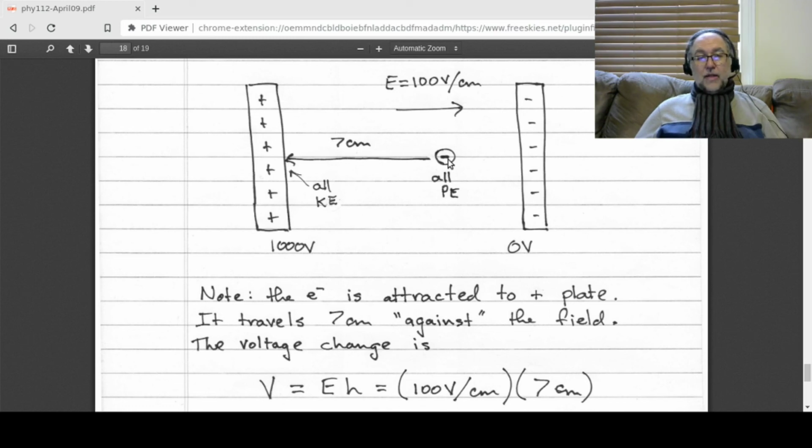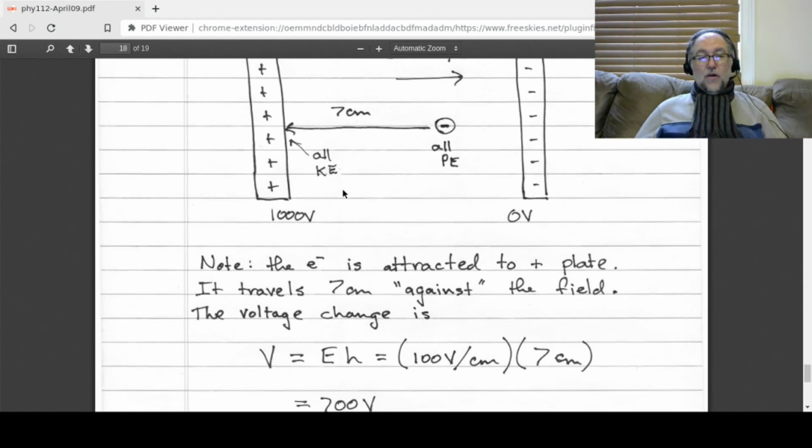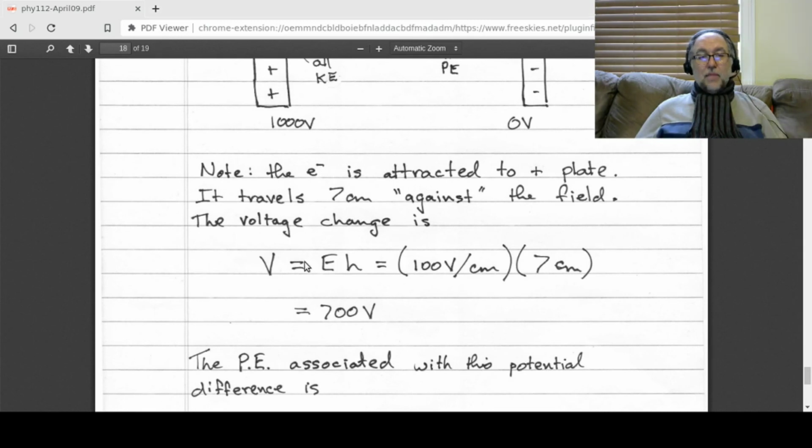Okay, so you've got the electron there, and it's going to go to the positive plate. What's the potential difference? Well, from above, the potential difference, V, is equal to EH. Okay, so you've got the electric field times the distance. Now, we don't want to go all the way across because the electron isn't traveling the full distance. The electron is only going to travel 7 centimeters. And so the electric field, we just found that it's 100 volts for every centimeter, and it's going to travel 7 centimeters.